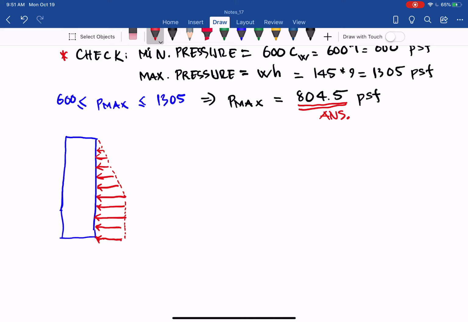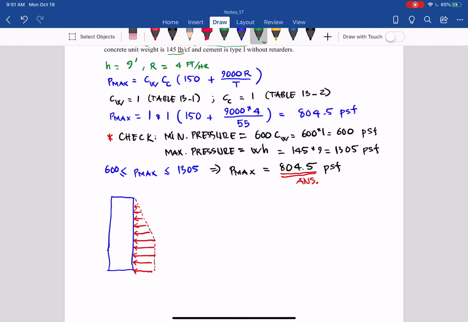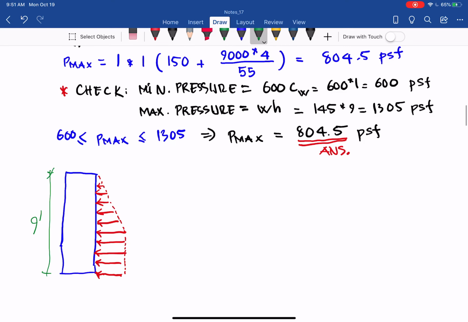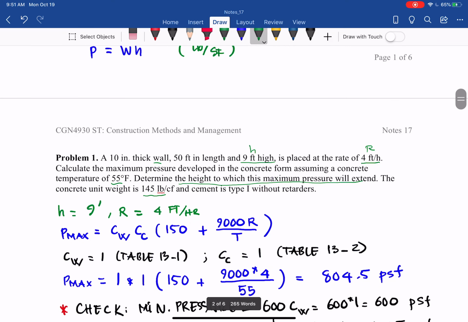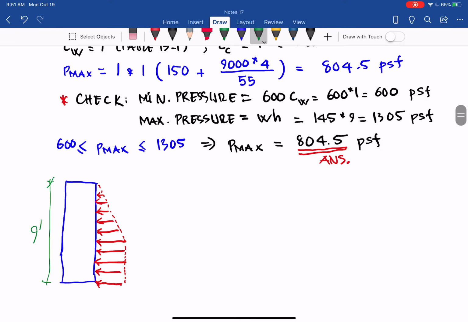So to make it specific in this problem, we have the height of the wall is 9 feet. And the question is, what is the height to which the maximum pressure will stand? So to determine that, let's write down here.